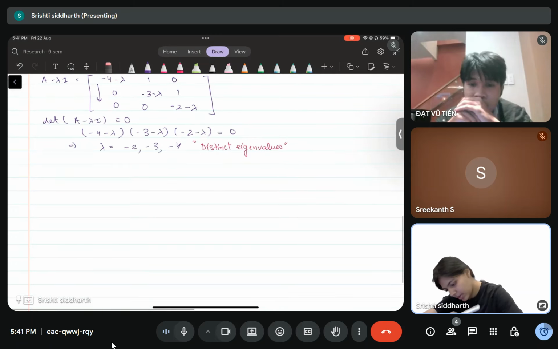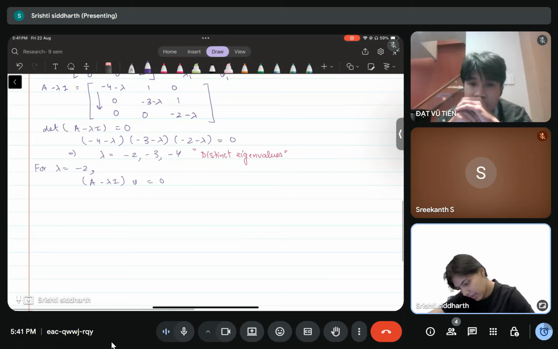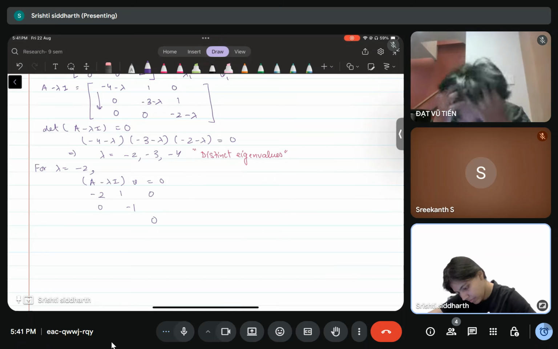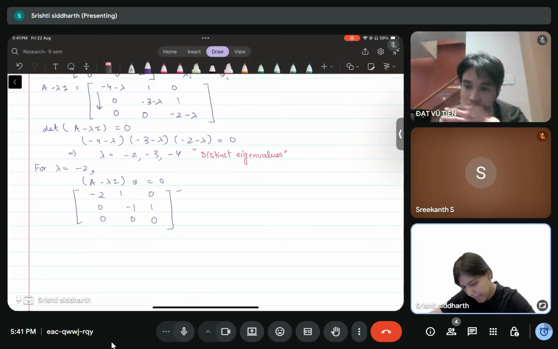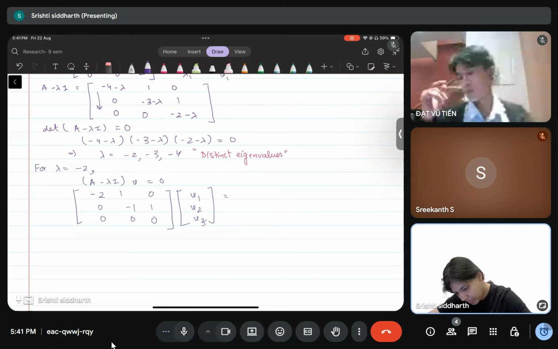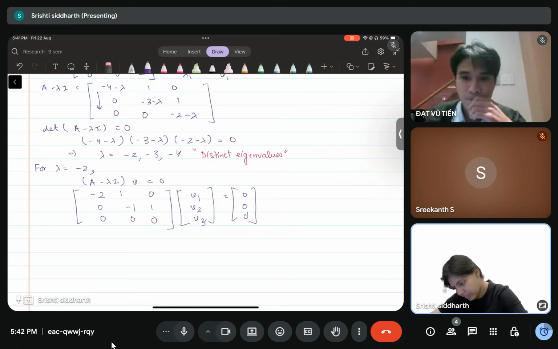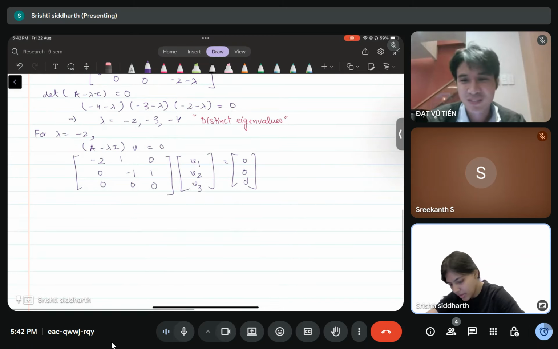Let's start that. So for lambda equals minus 2, (A minus lambda I) v equals 0. This means that we have minus 2, minus 1, 0, times v1, v2, v3 equals 0. This is just a row of zeros.